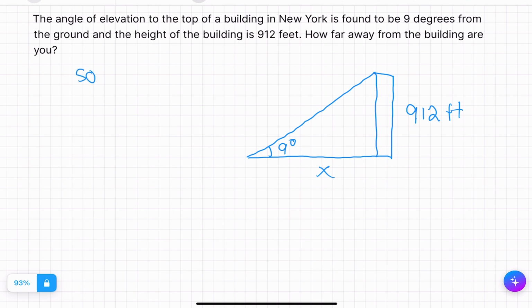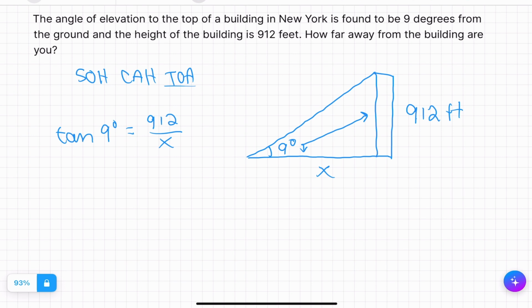Again, let's turn to SOHCAHTOA. We have information that is opposite, and we have information that is adjacent. So tangent is going to be our best bet here. Let's set up our problem. We have tangent of 9 degrees is equal to our opposite information over our adjacent information.